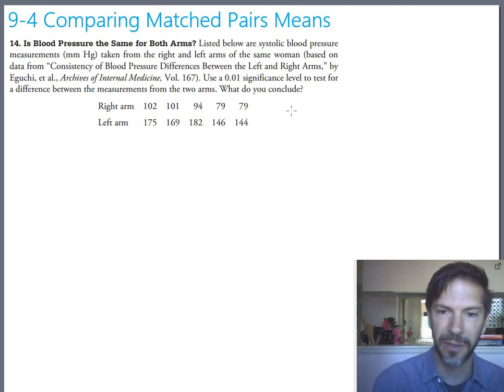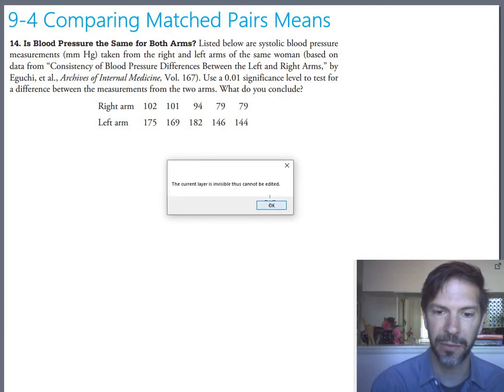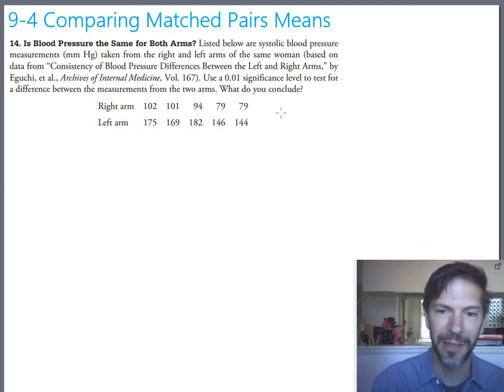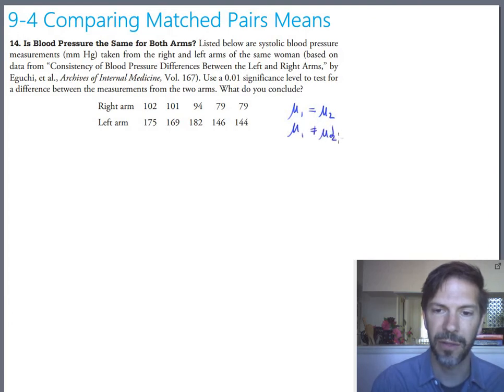So we're really looking to say, are the two means the same, or are the two means different? But we know, because this is a matched pairs example, we'll really be looking to say, is the mean difference 0?